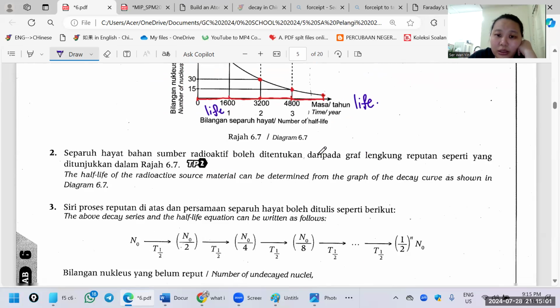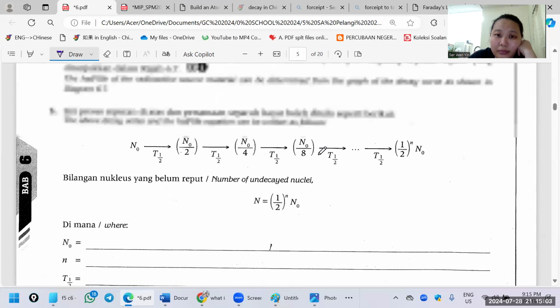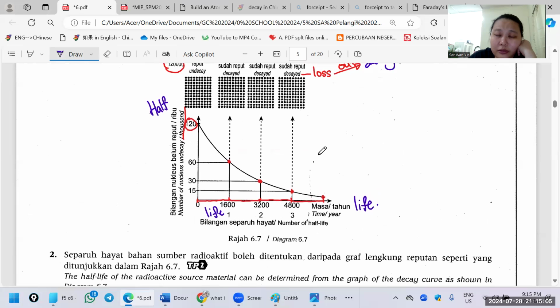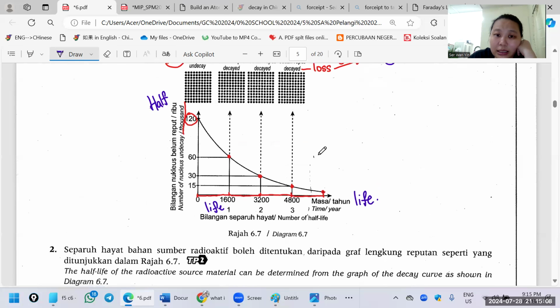Okay, how will the problem look like? So from a graph like this, normally they give you this graph. They ask you how to find half-life.